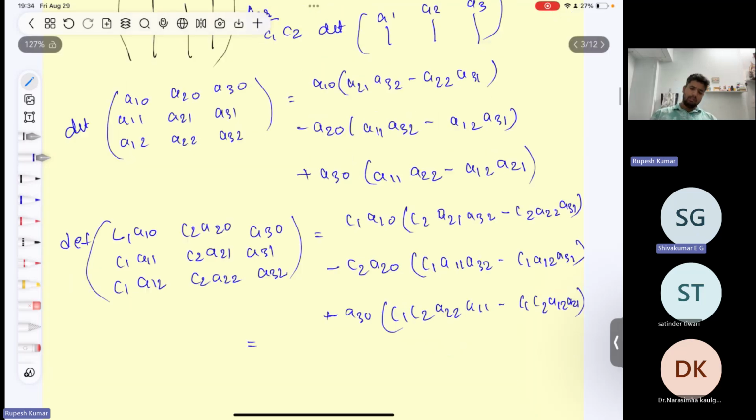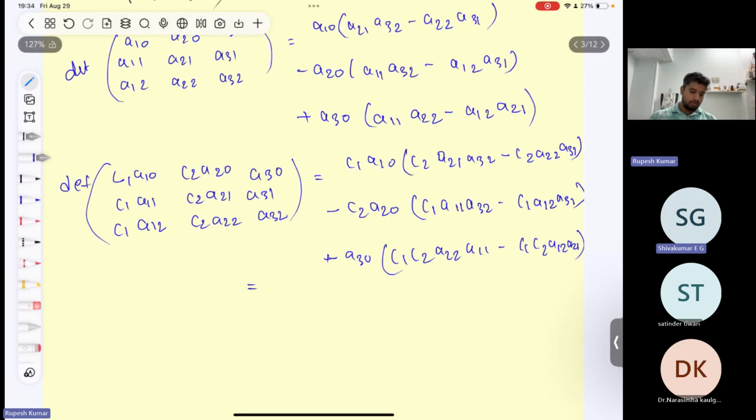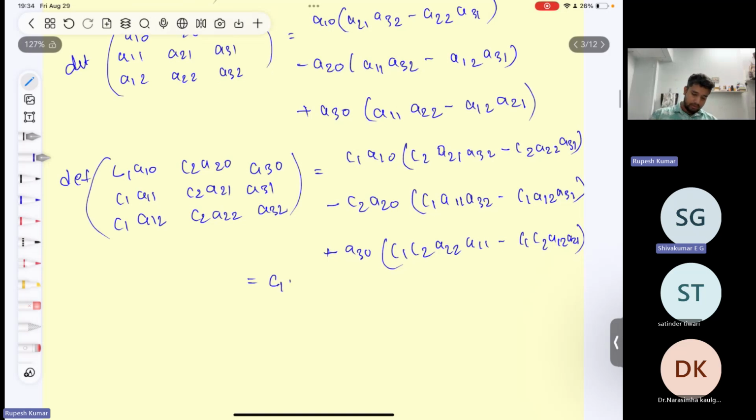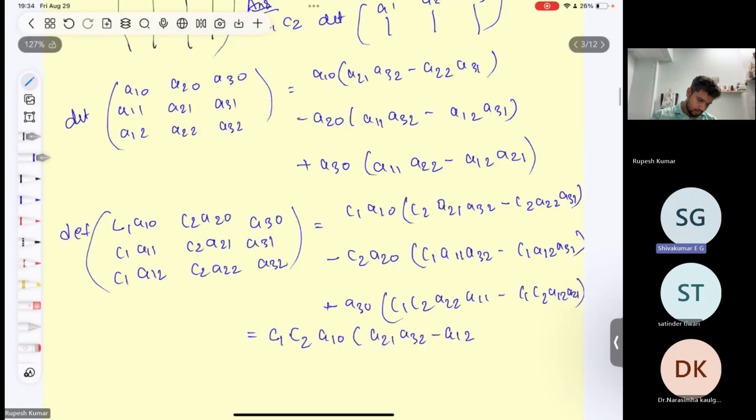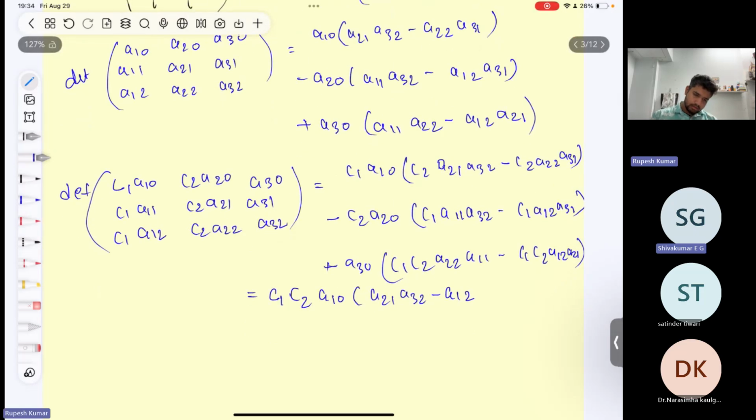Now just do one thing, just take C1 and C2 as common wherever possible. You will get C1 into C2 into A10 into A21 A32 minus A22 A31.